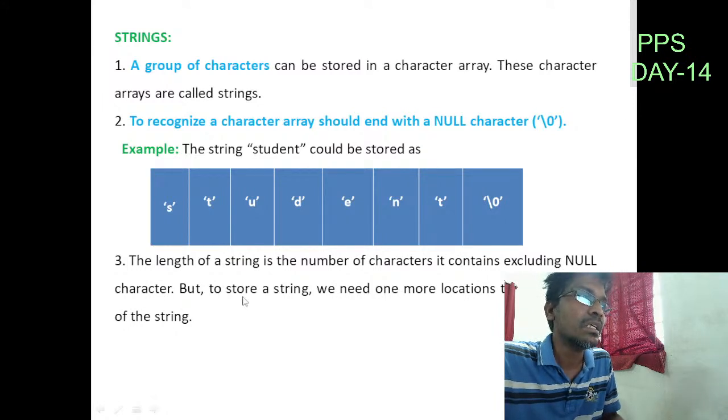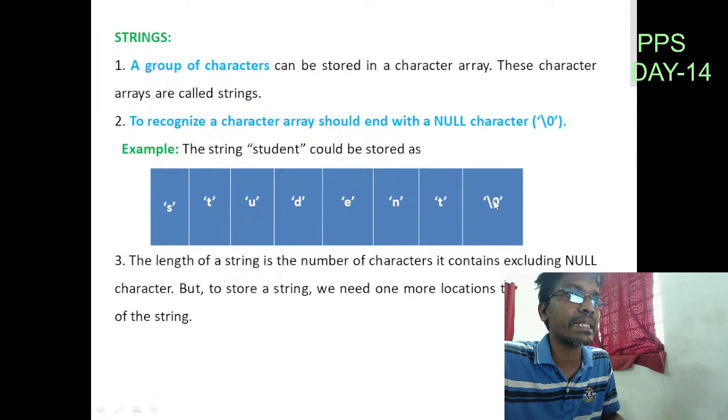But to store a string in a character array, we need one more location, an extra memory space, for storing the null character. I hope you understand what I am saying. Taking the group of characters student, each character is stored in memory like this, and after that it ends with the null character.